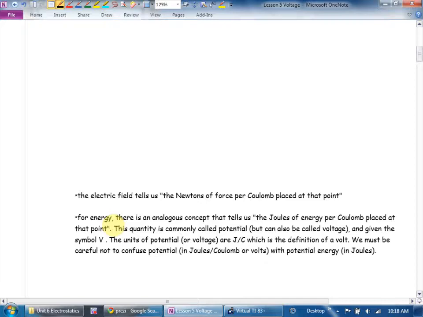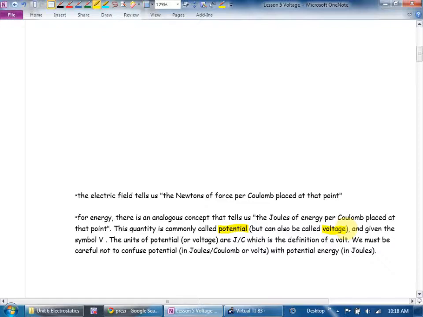This quantity is commonly called potential, and unfortunately students get the word potential mixed up with potential energy. It's not your fault, it's a bad term. It's also called voltage, and I'm going to use the term voltage more often than not because voltage doesn't confuse me with potential energy. Voltage is different from potential energy.